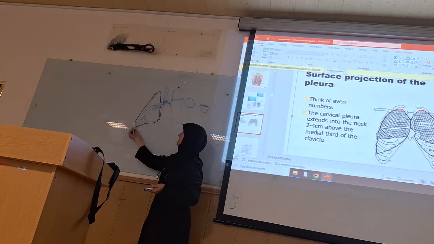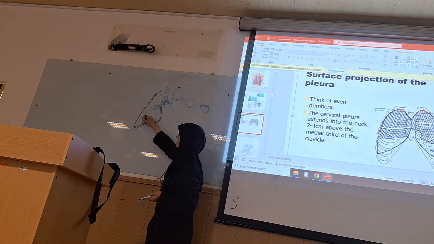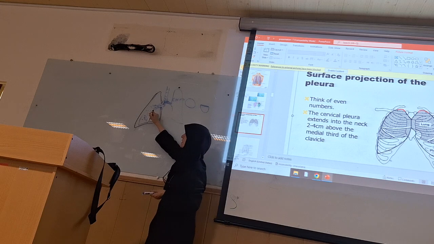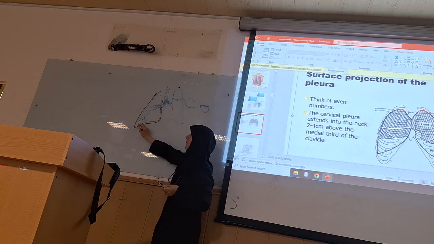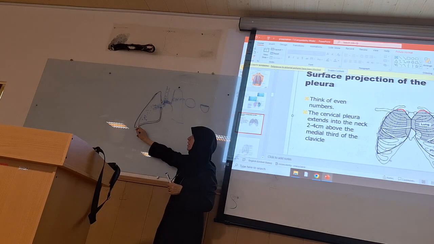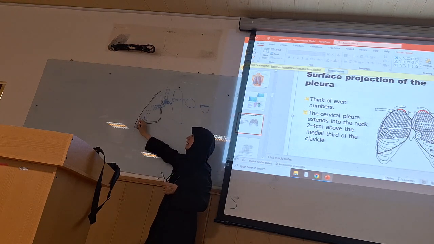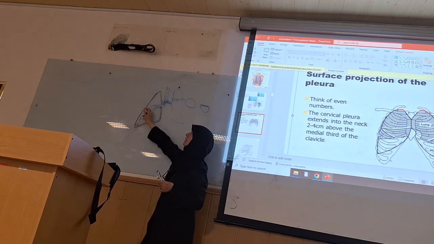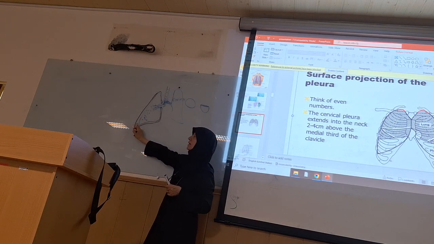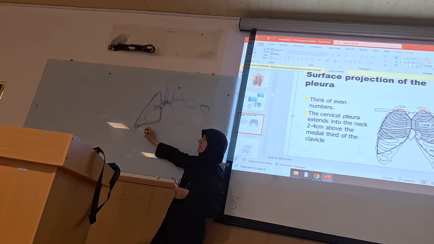The space between the visceral and parietal pleura makes a large space. One of them is here. We call it a recess. This recess is between the covering sheet of the parietal pleura that covers the costal surface, and here it is reflected to cover the diaphragmatic surface.